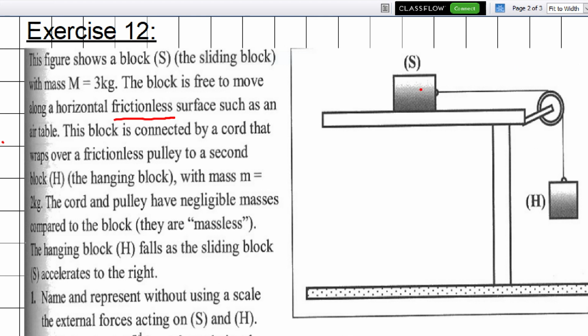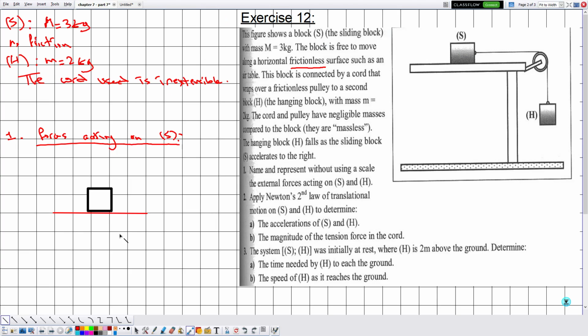Because it's moving to the right, we'll take the positive direction to the right like this, and this is the positive direction of the y-axis, upward.